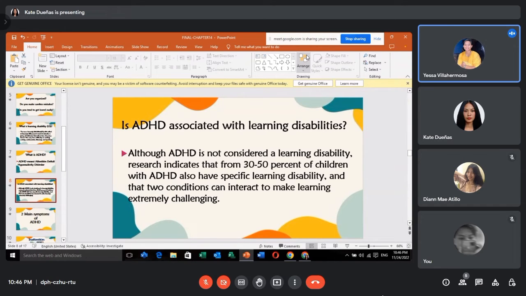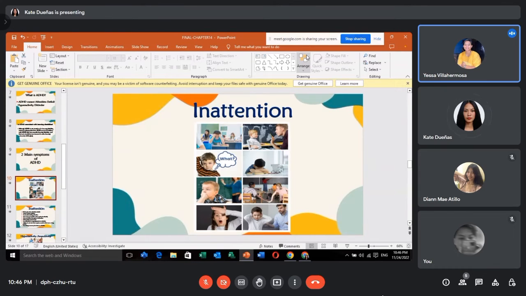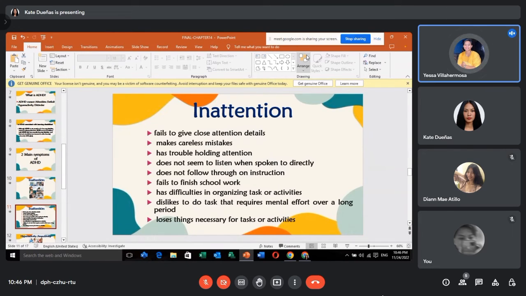So, there are two main symptoms of ADHD. The first one is inattention. Examples of inattention include behaviors such as being easily disorganized, lost, and forgetful.